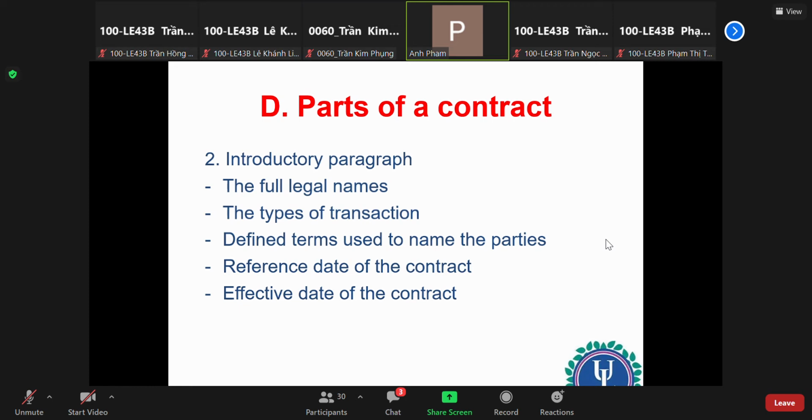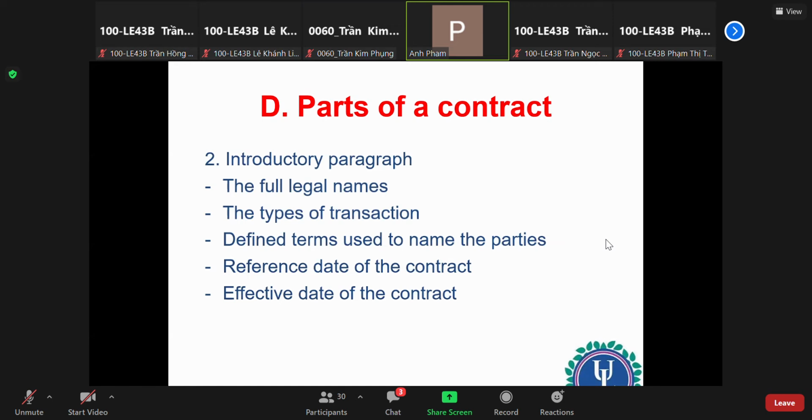Right, the next one is the reference date of the contract. When the contract is entered into will be specified here in the introductory paragraph. And sometimes people read that the date of the contract is also the effective date of the contract.